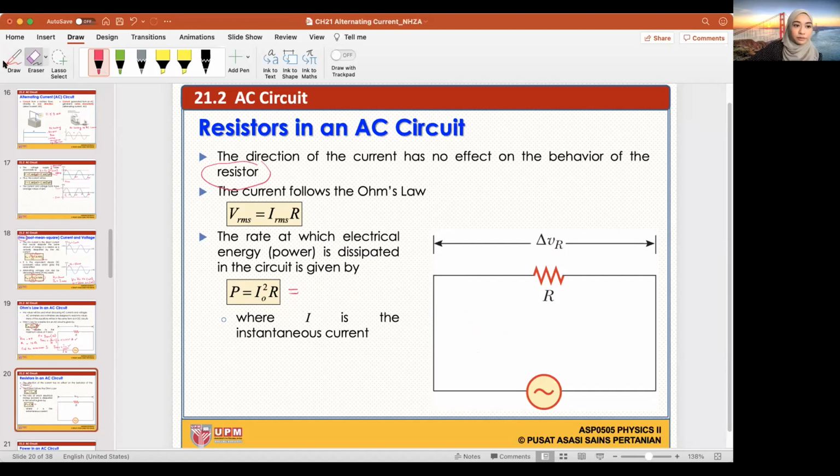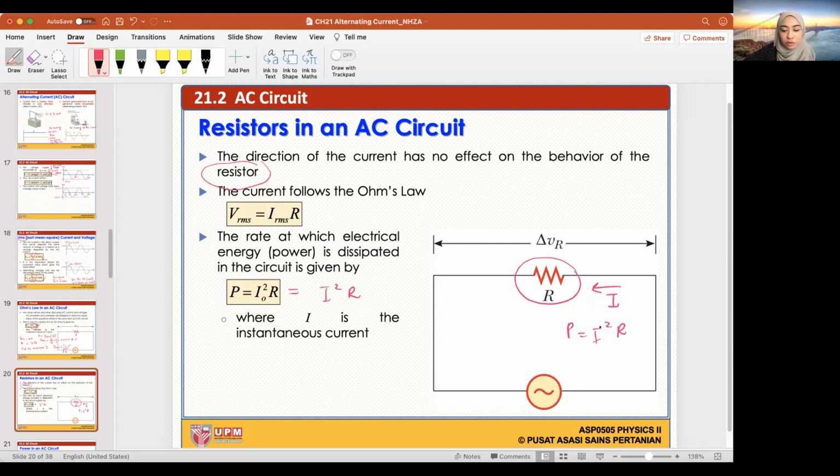Okay, so don't be confused with the I naught, what I'm trying to say. Nanti kita akan tengok lagi. So when they are asking what is the power dissipated, it's asking what is the power dissipated by R. So you will have current flowing through R, so P equals I squared R. The value of R will be given, and then you need to find out what is the I. Do you use IRMS or do you use the maximum I?